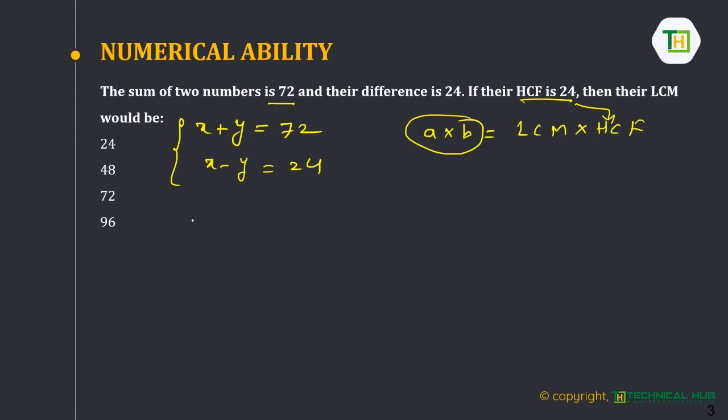Here, if you observe carefully, x plus y whole square minus x minus y whole square is equal to 4xy, right?